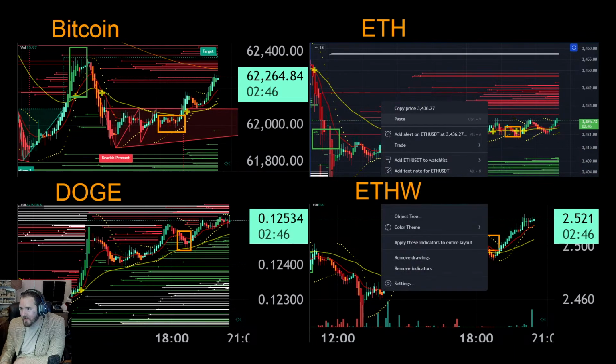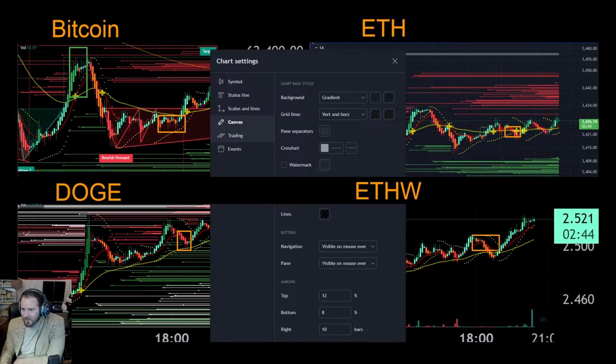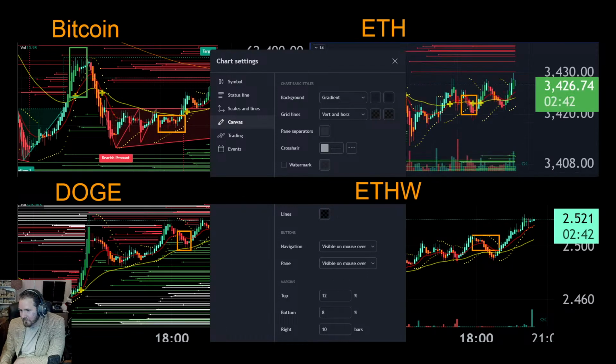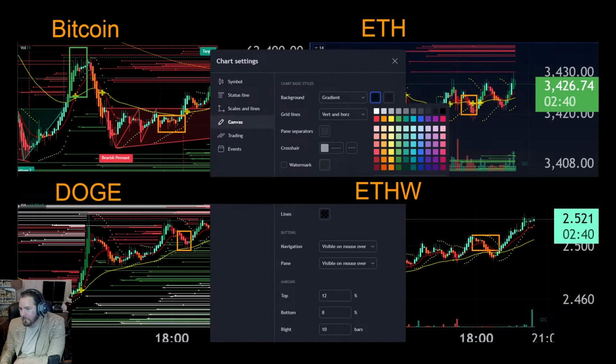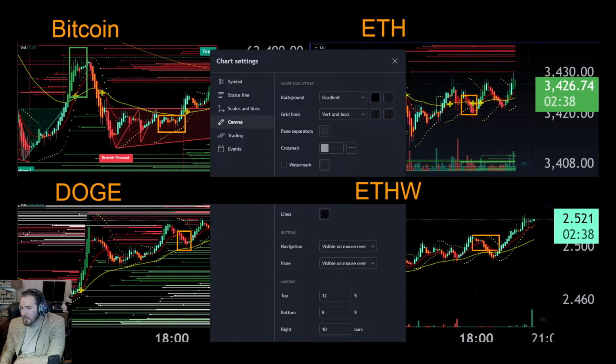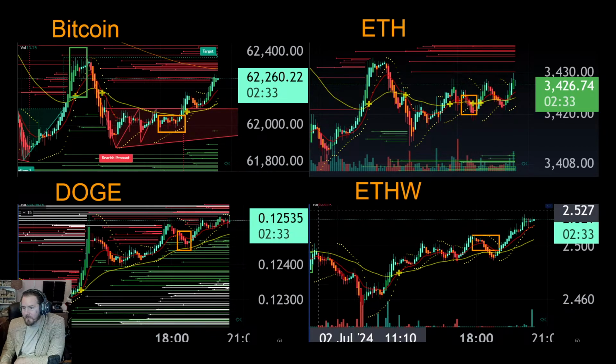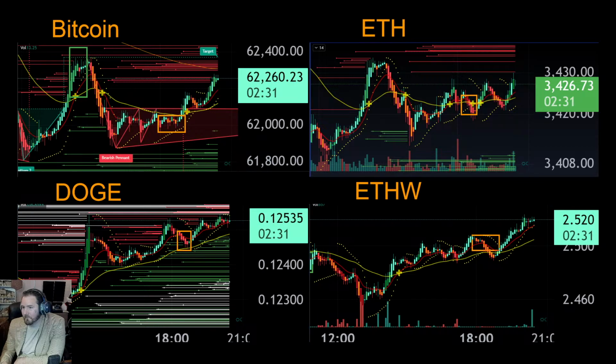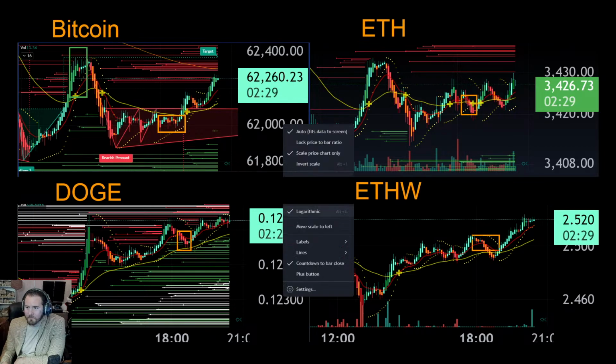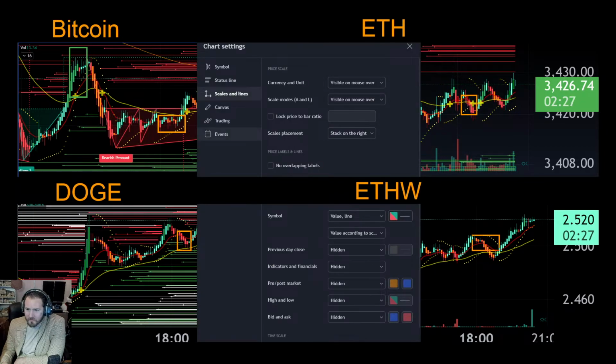And then one more chart. So at least you guys get to learn how to change your font size on TradingView now. All right. We have decimals after Bitcoin. I don't like that, so we're going to go to settings.